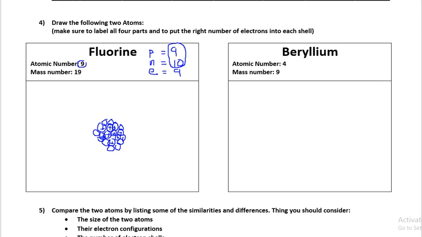Alright, so protons, and we should label these things. So this whole thing here is called the nucleus. The nucleus, and the number of things in the nucleus tells us the mass number, and inside the nucleus we've got some protons, which are the positive bits, protons, and neutrons.